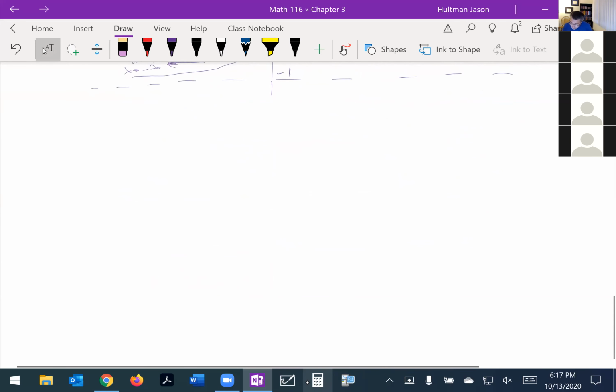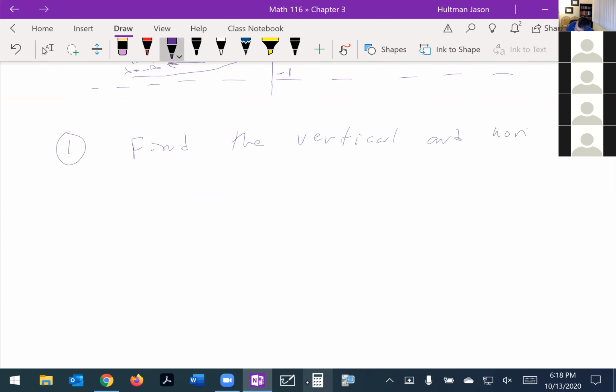Okay, let's do an example with this. Number 1. Find the vertical and horizontal asymptotes of the function f of x is equal to 3x minus 4 over x.